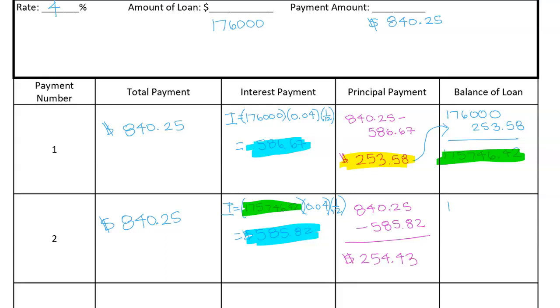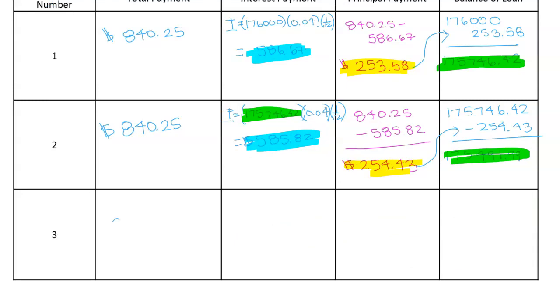Now I'm going to take the balance from the previous month, $175,746.42, and I'm going to subtract the principal payment of $254.43, and I'm left with a balance of $175,491.99.